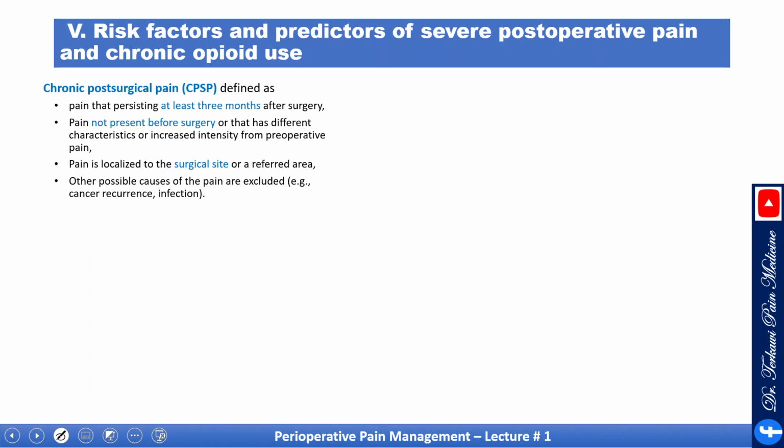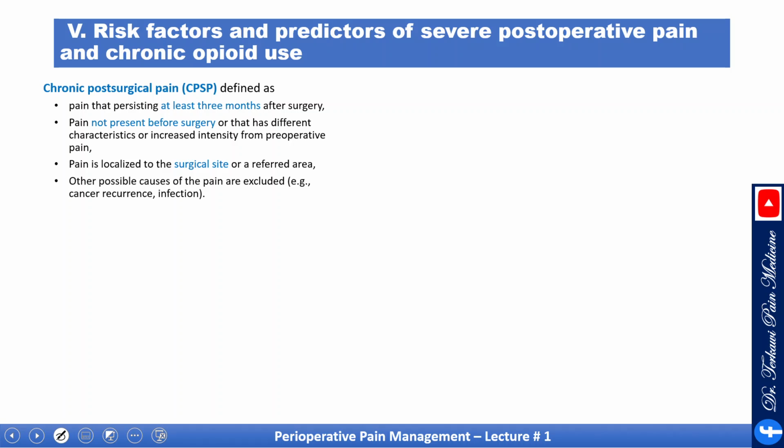Okay, we'll touch base briefly on this concept of chronic postoperative pain. Chronic post-surgical pain is defined as follows: pain that persists at least 3 months after surgery, pain not present before surgery or that has a different character or increased intensity from preoperative pain, pain located at the surgical site.